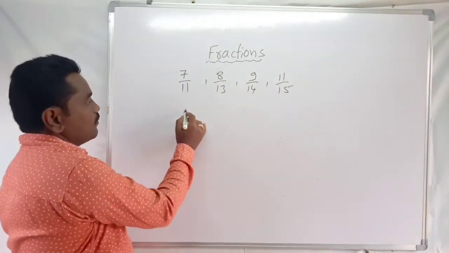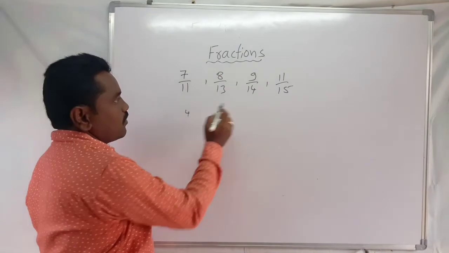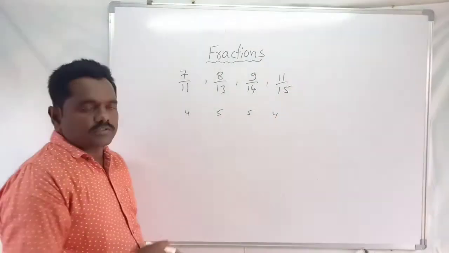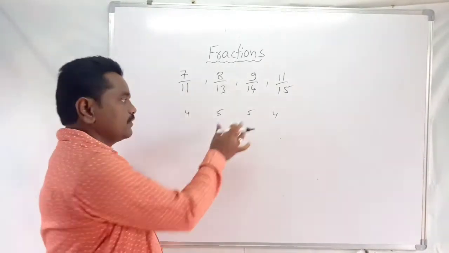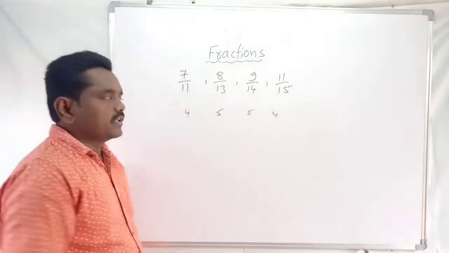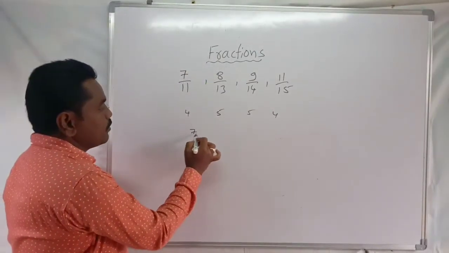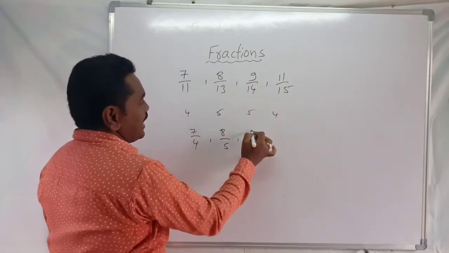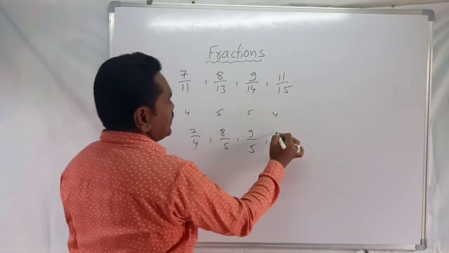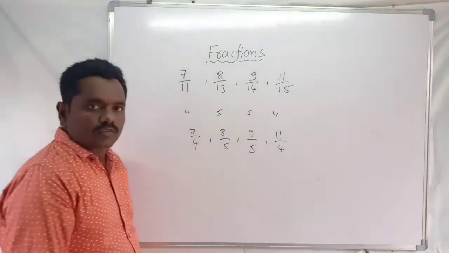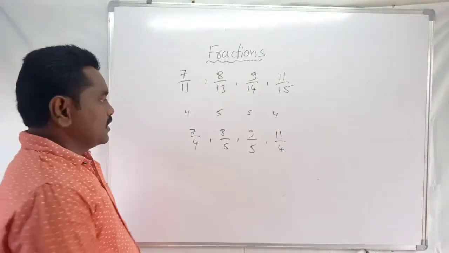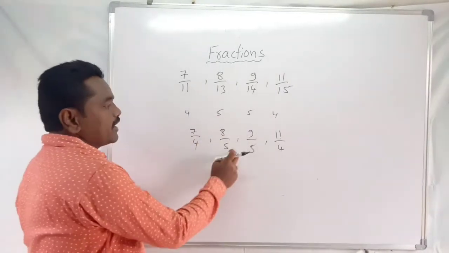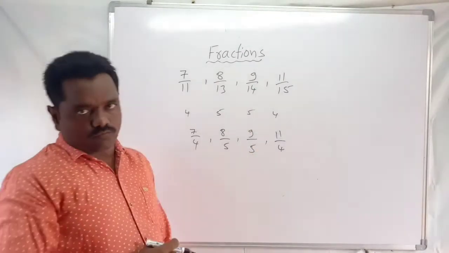If the difference is 4, the difference is 5, the difference is 5, the difference is 4, then those are pairs of fractions where the differences are not equal. On that time, we observe one thing: 7 by 4, 8 by 5, 9 by 5, 11 by 4.